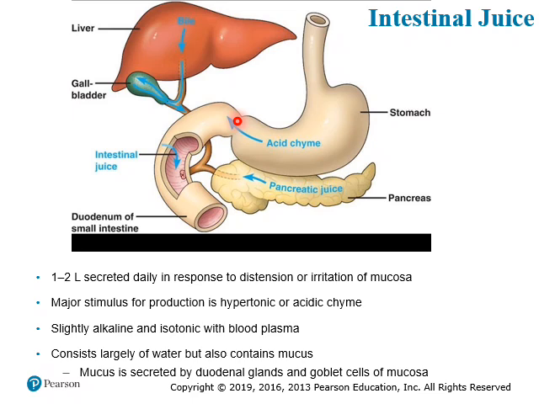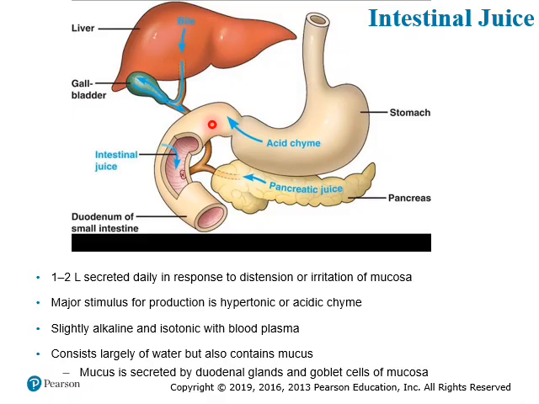Depending on the nature of the chyme, if it's loaded with fat and protein, then the pancreatic juice is going to be producing a lot of lipase and enzymes that will be digesting fats and oil.